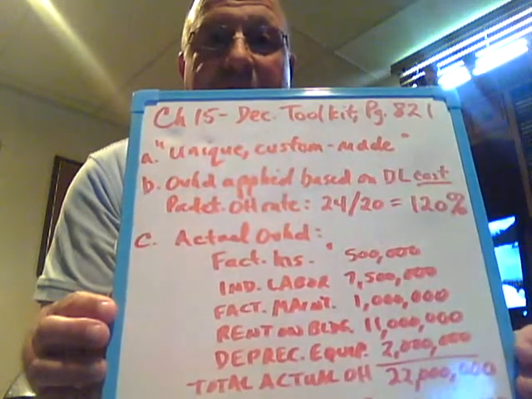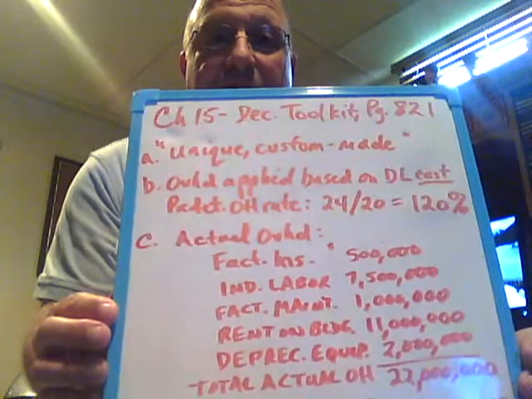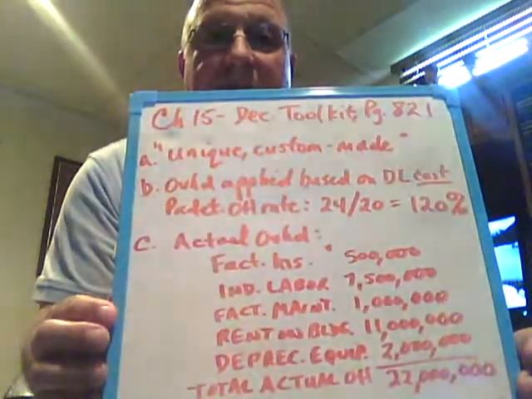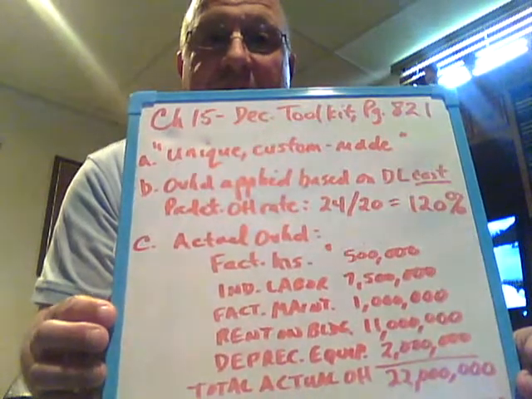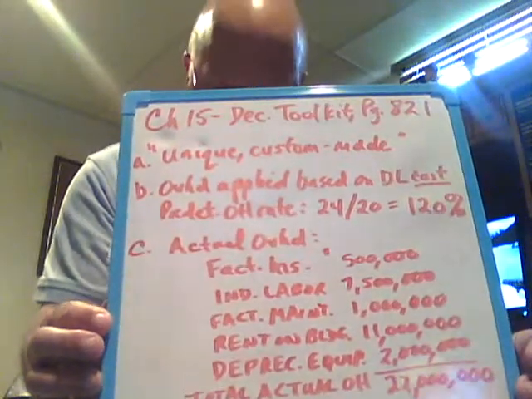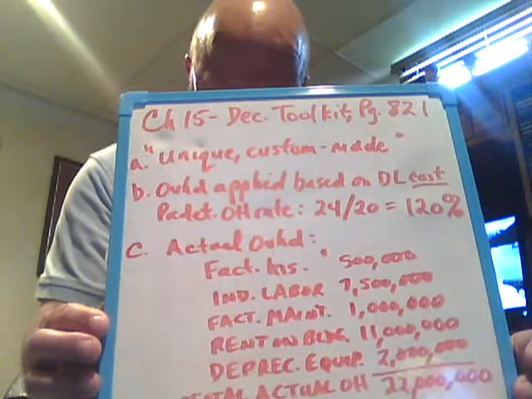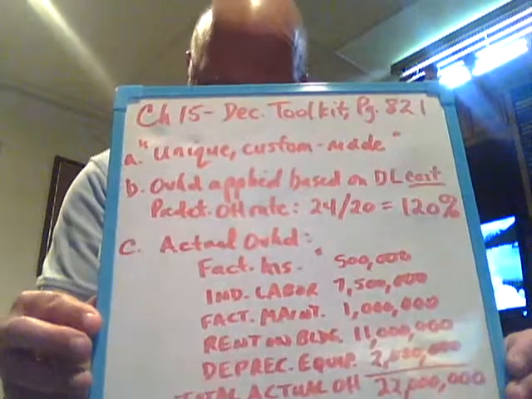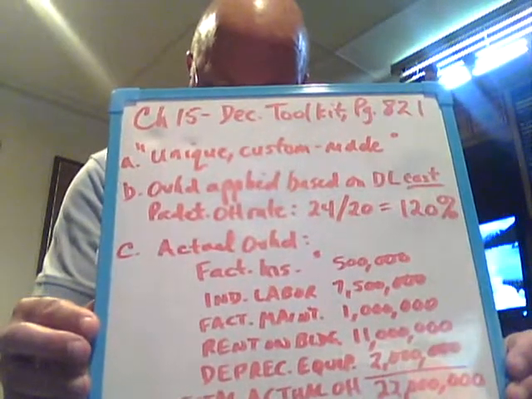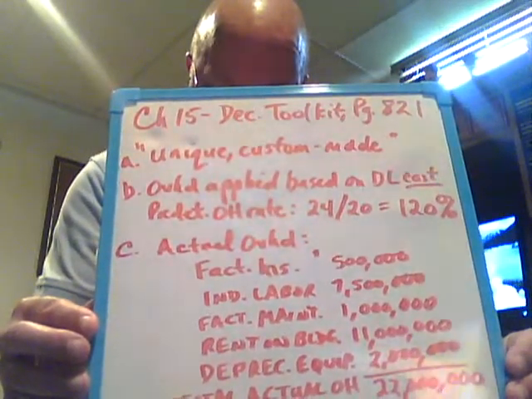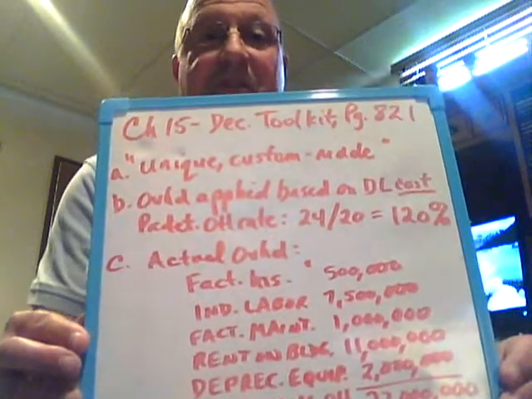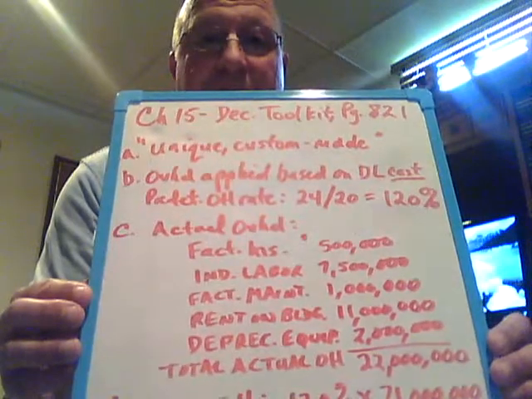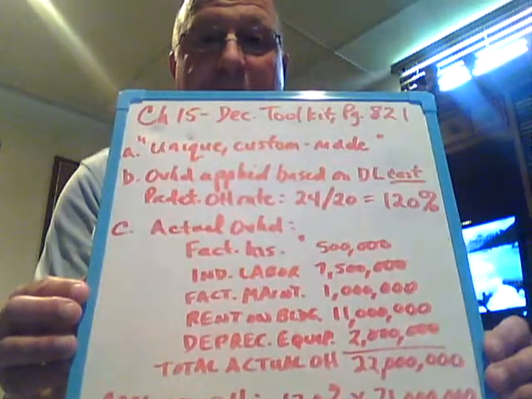And notice, since they're renting the building, there's no associated depreciation on the building. But anyway, these are the 5 or so items that constitute the actual overhead cost. And again, you can see them listed on page 821 and clearly see that direct materials used and direct labor costs incurred are not a part of overhead. So you add these 5 items together and you get a total actual overhead cost of 22 million.